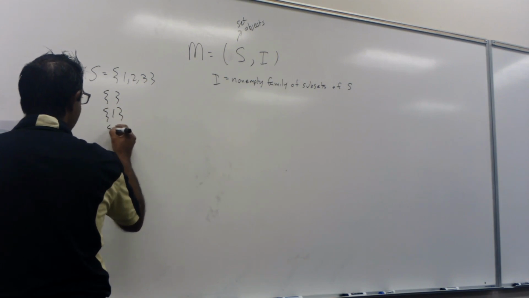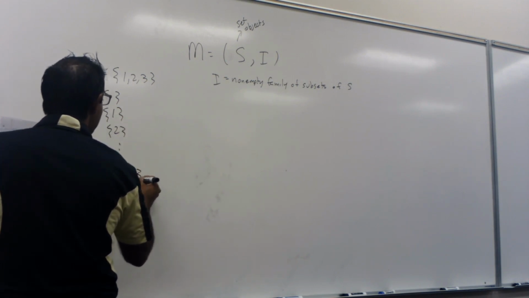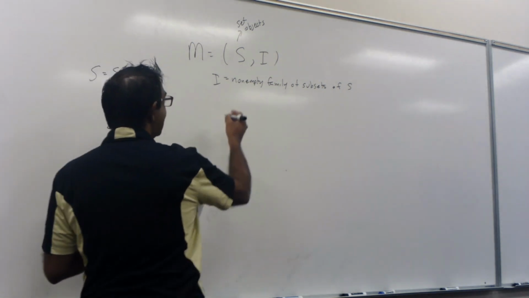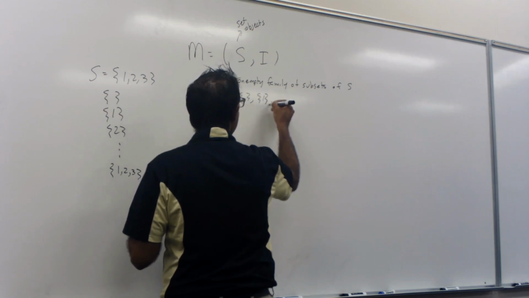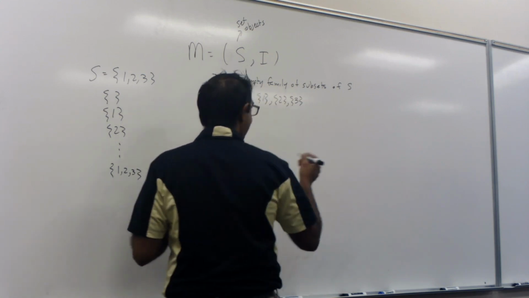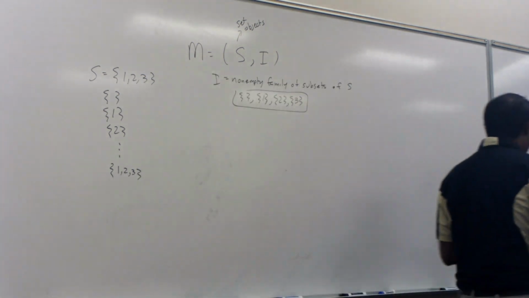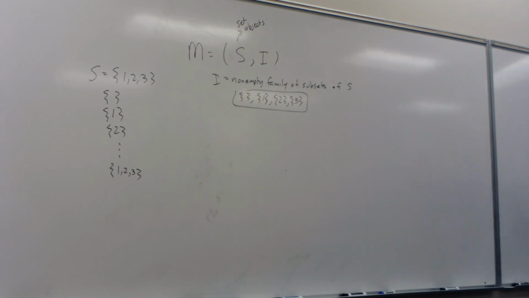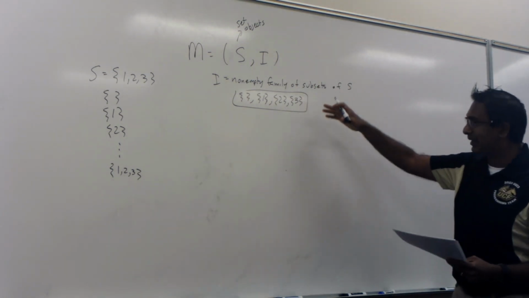I'm not going to draw all of them. And then a family of subsets might be something like the empty set, the set with 1, the set with 2, the set with 3, like that. So this would be a family of subsets. Each item in I is a subset of S, and altogether I is that set.